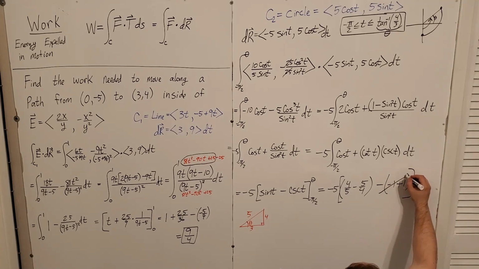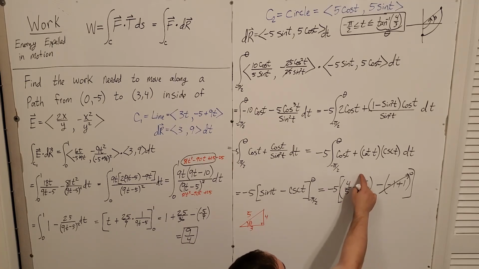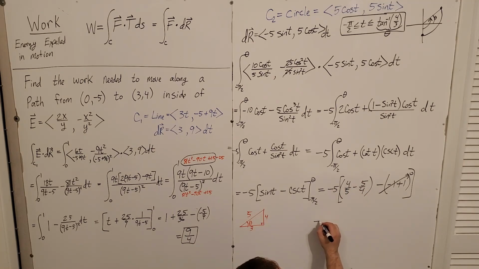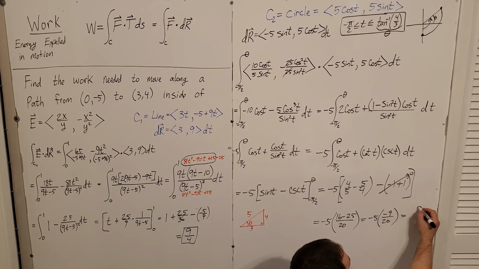And this piece actually goes to 0. So what I'm left with is 4/5 minus 5/4, which is what, 16 minus 25 over 20. Which of course is -9/20. Double negative, and then the 5 over the 20 is going to give me 9/4.